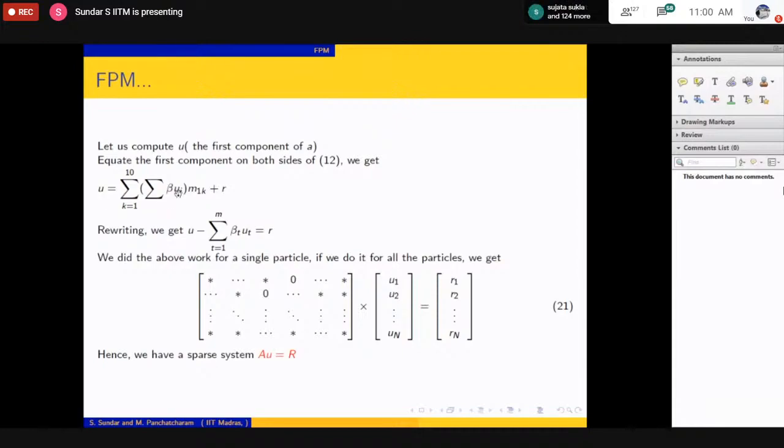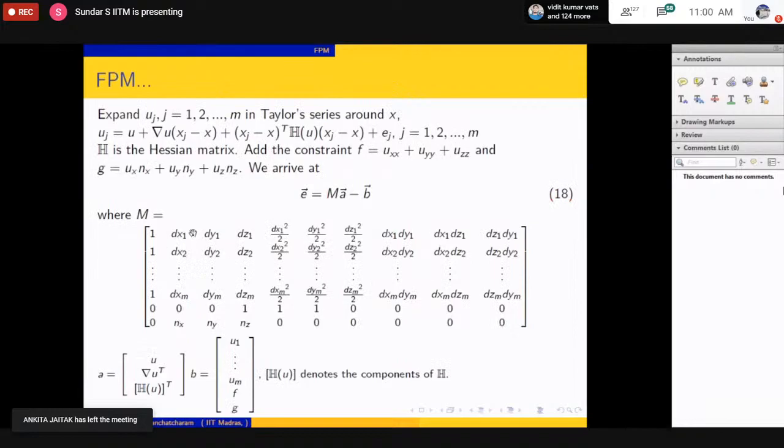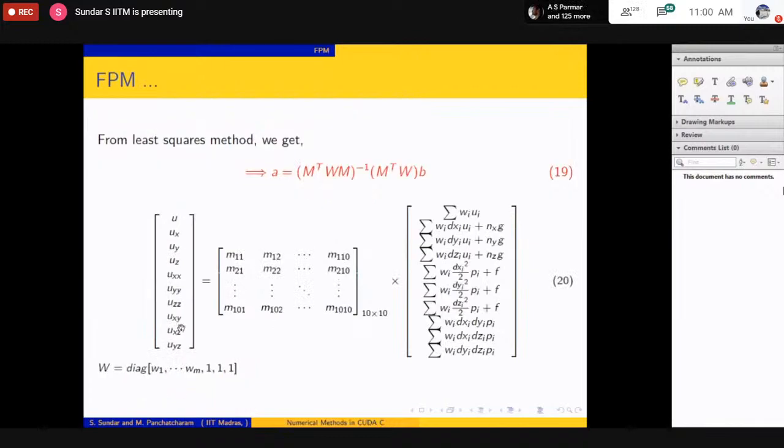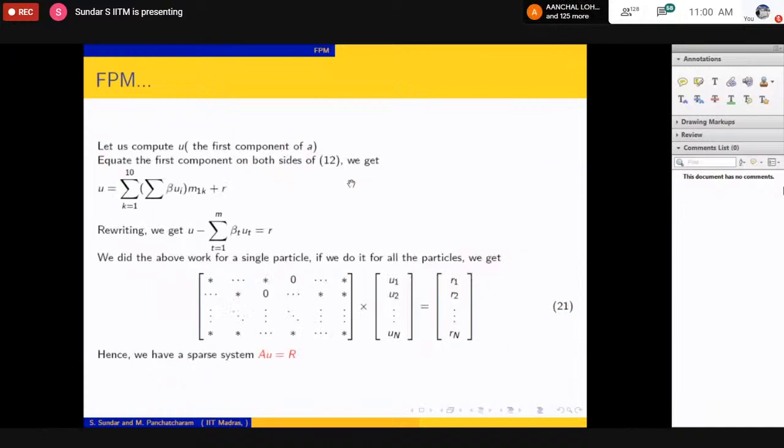I am forming this set of linear equations. Please understand the u which I am getting here, if I am pushing it here, the a ultimately will have the first component as u. That u will have the corresponding information which I am having here. Okay. So I am forming a system of equations for my u at every point.